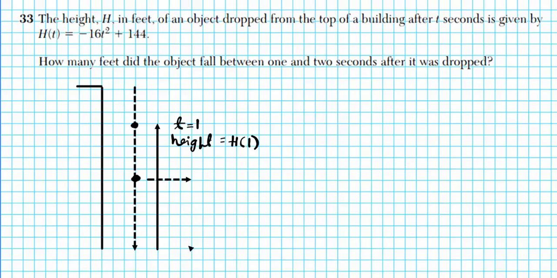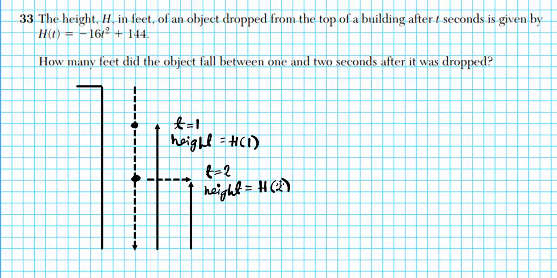And it's a certain height from the ground. So this is t equals 2. Guess what the height is? The height is simply what you would get when you evaluate the height at t equals 2, h of 2. Okay, height at t is h of t, height at 1 is h of 1, and height at 2 is h of 2.